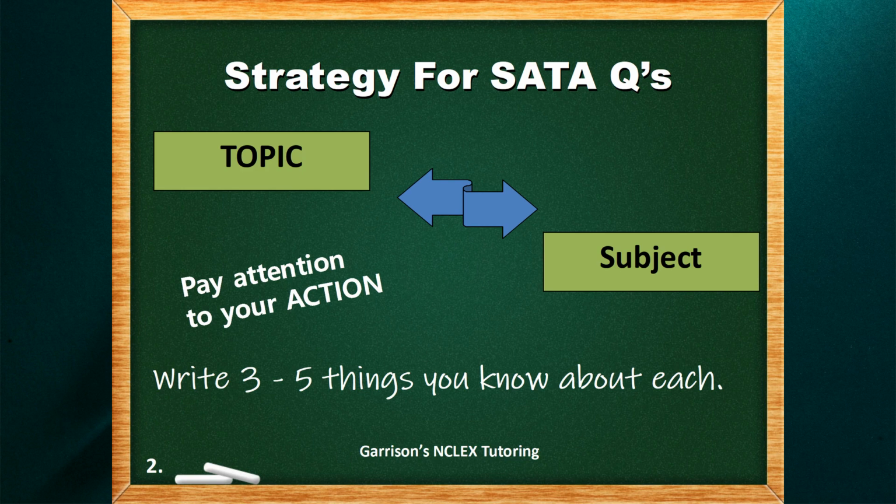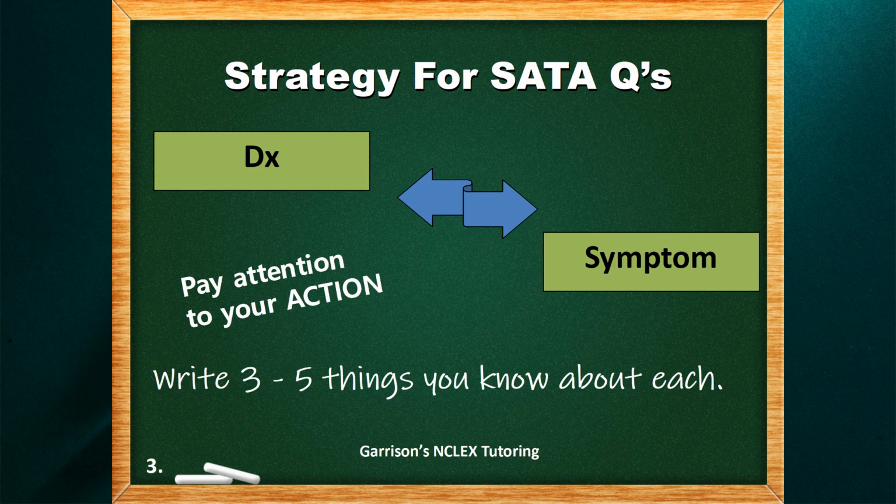Write down 3 to 5 things you know about the topic. Write down 3 to 5 things you know about the subject. And then take action based on the topic and the subject. But I really want you to get in the practice of using this clinical judgment model.